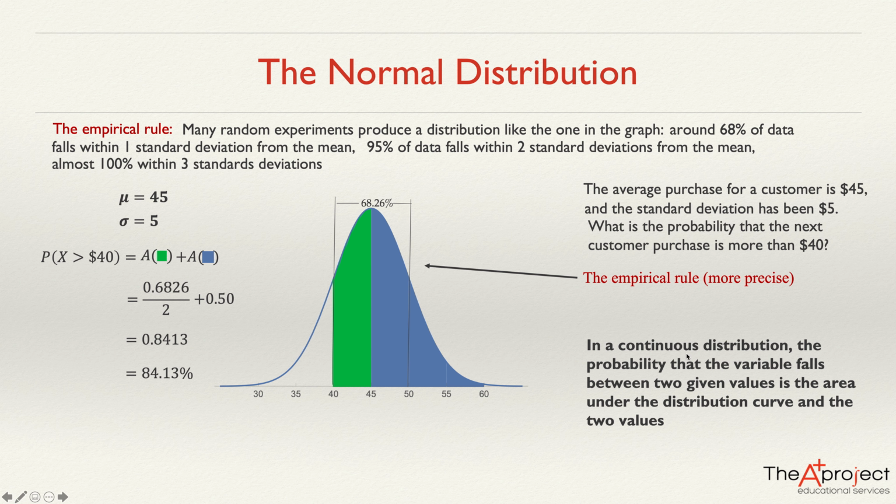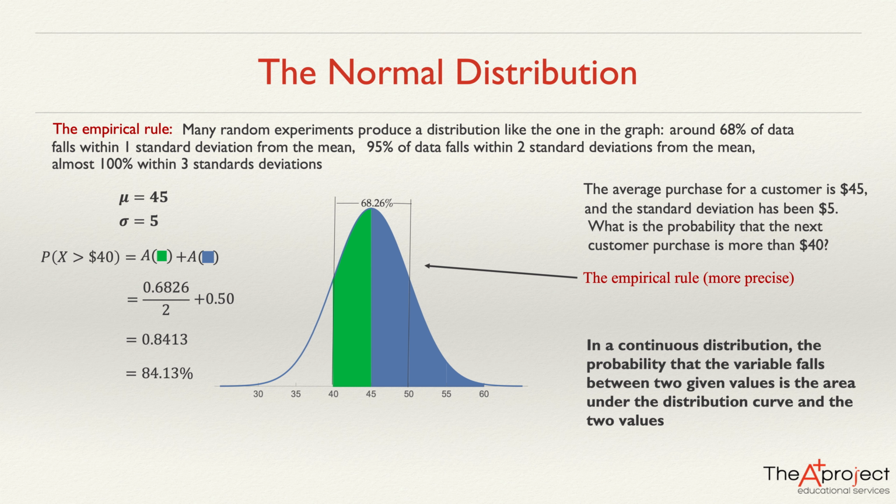In a continuous distribution, the probability that the variable falls between two given values is the area under the distribution curve between the two values. So it means if I have the information for all the areas or more areas, I will have the possibility to answer more questions.